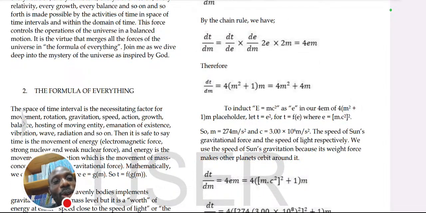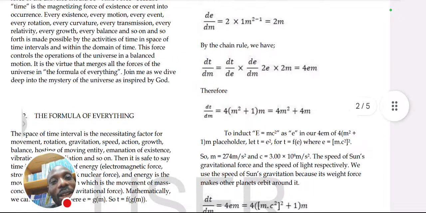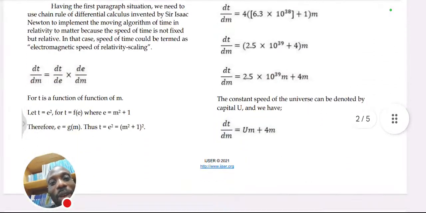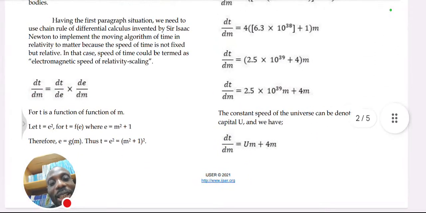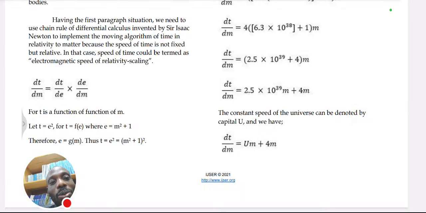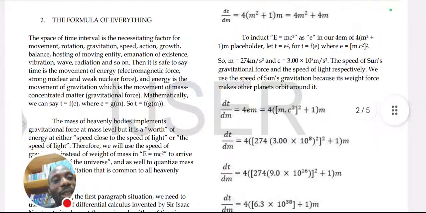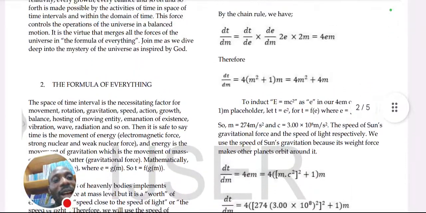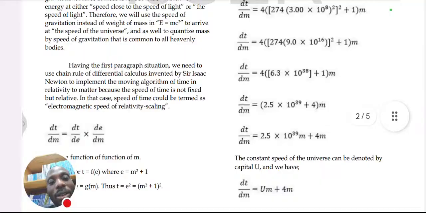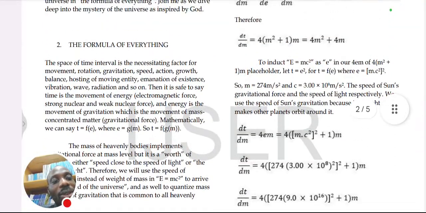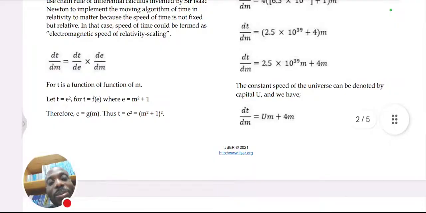So therefore, we can then have dT/dM equal to, so now the moment we put in our placeholder, which is E equal to M squared plus 1.